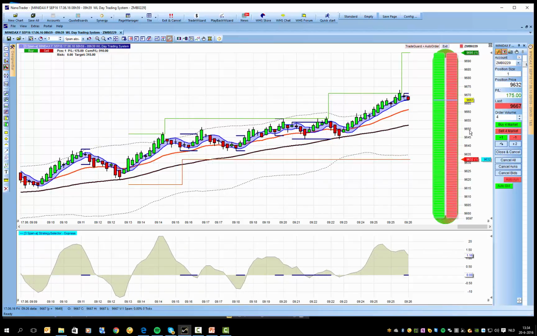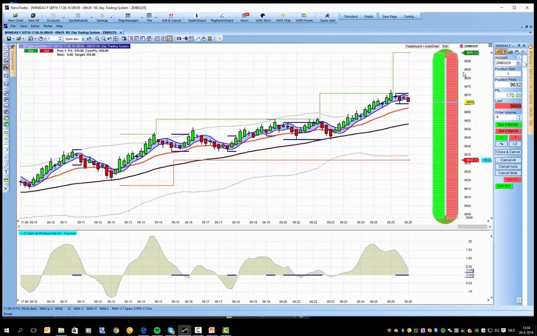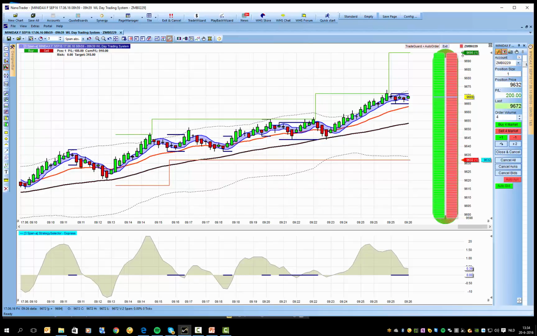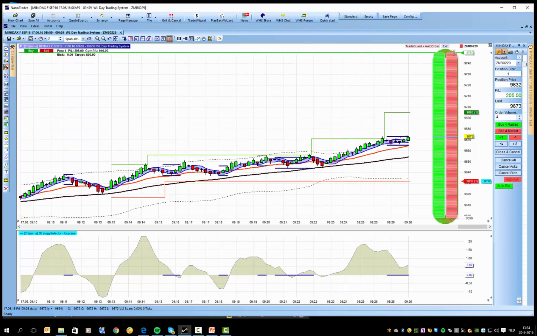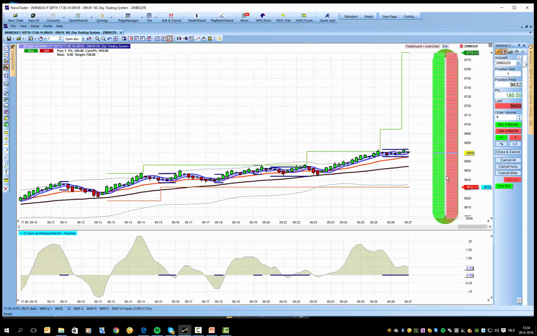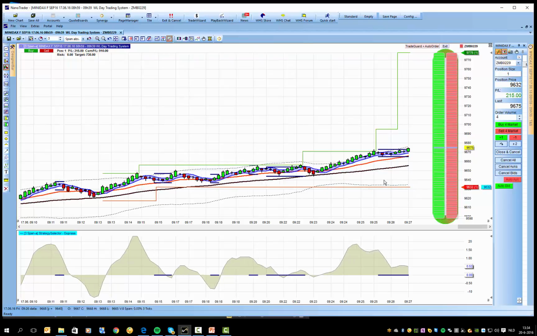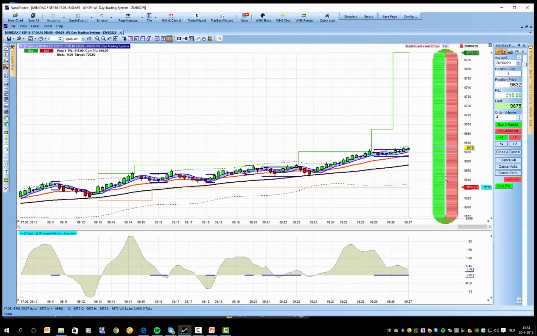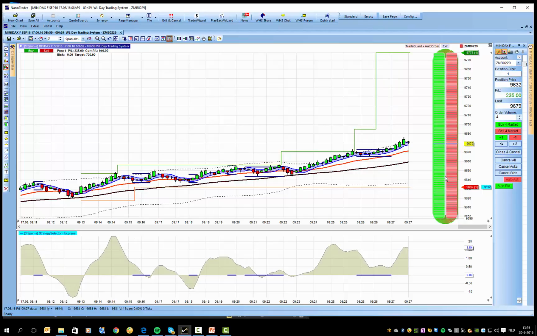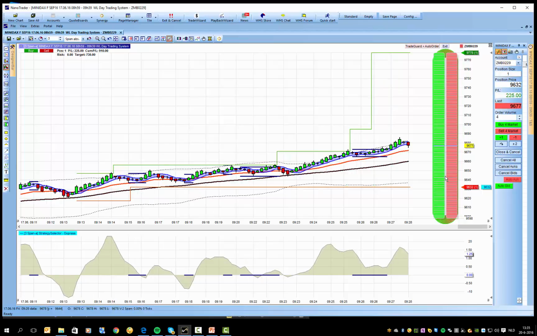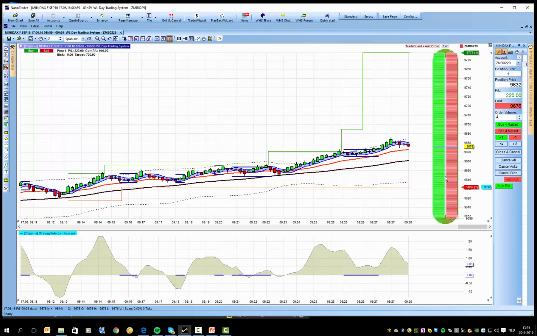Here you see that actually the third target was hit, and now I will do something which will seem strange to many people. I will take the last target and move it away, so I can still let this run and manage the trade as a real pro, which means cut your losses short and let your profits run.